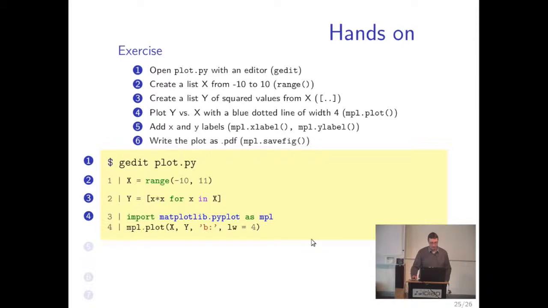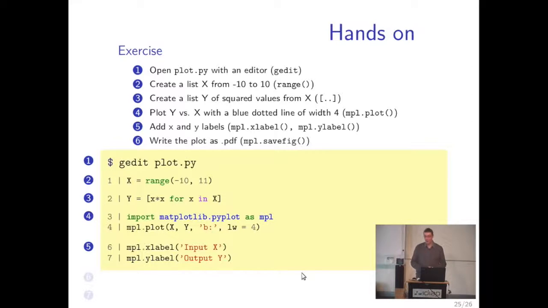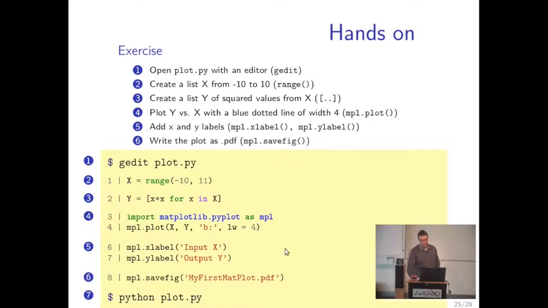Both work. You add an X label and a Y label. You save it. And of course, when you are on the console, you also have to execute it. And this is as easy as calling Python with the plot.py. And then you will get the PDF that I just showed.